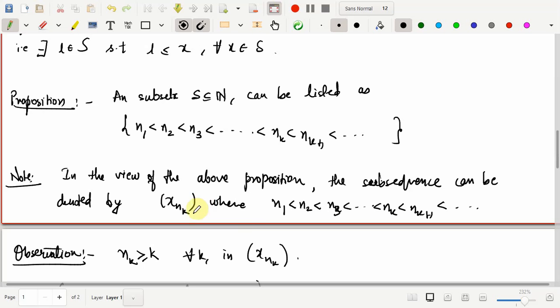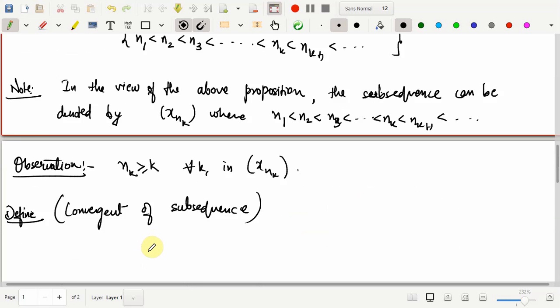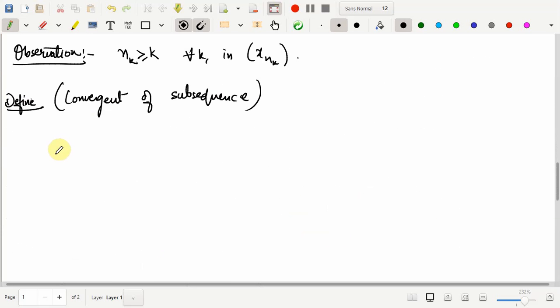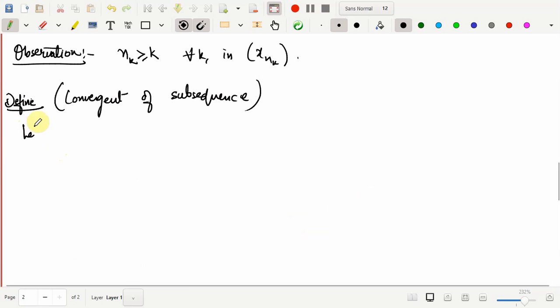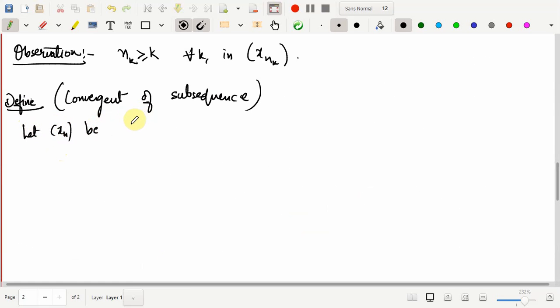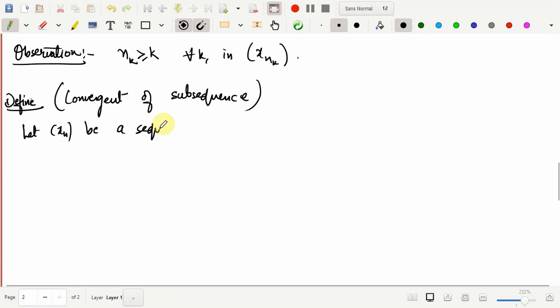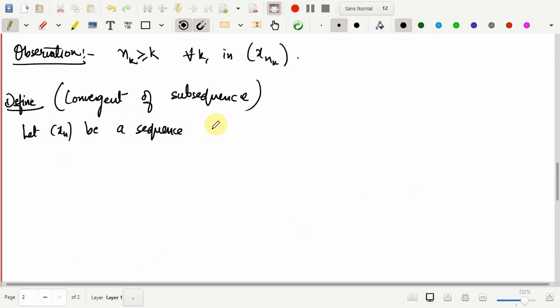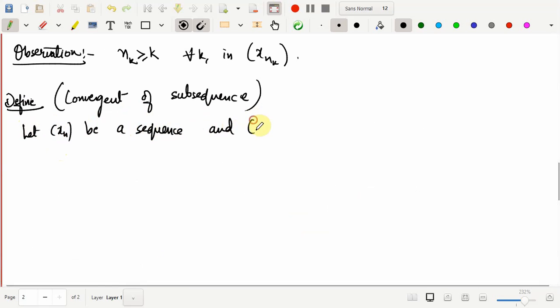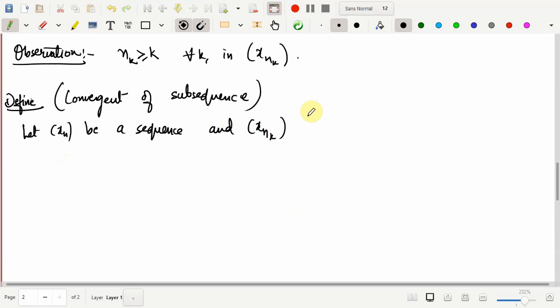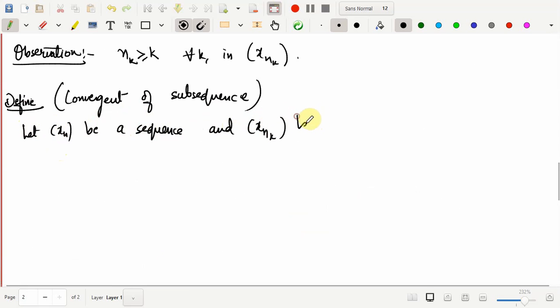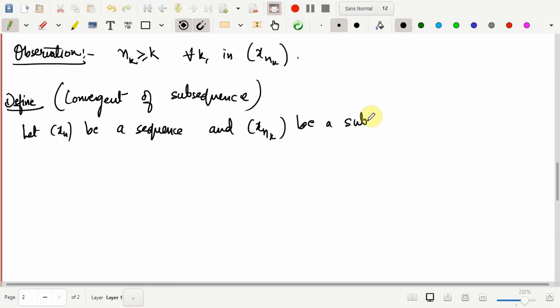The arrangement of the terms is done so that you have nk greater than or equal to k. So let x_n be a given sequence and x_{n_k} be a subsequence.